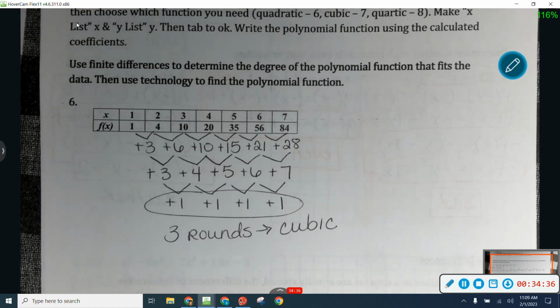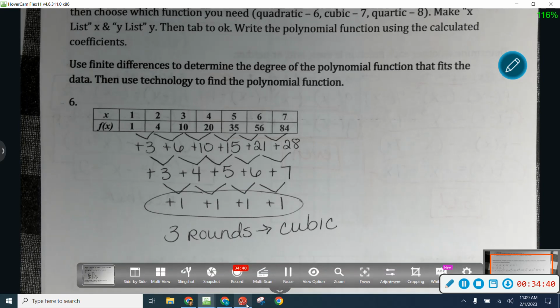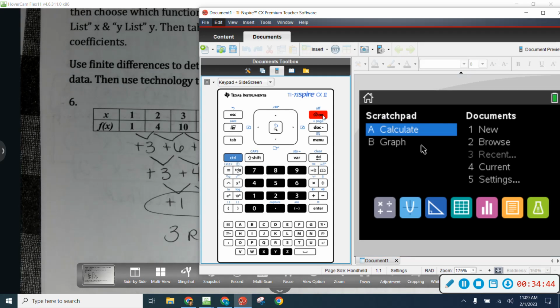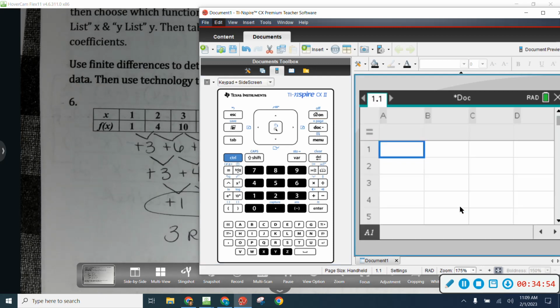So in your calculator, you're going to go home, and you're going to go to the spreadsheet. Y'all remember doing quadratic regression? Okay. If not, we're going to do it. You go to that spreadsheet.